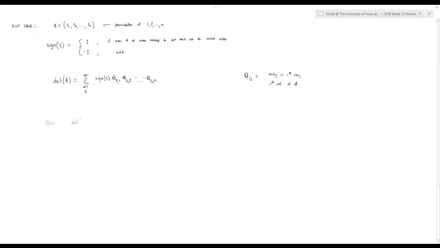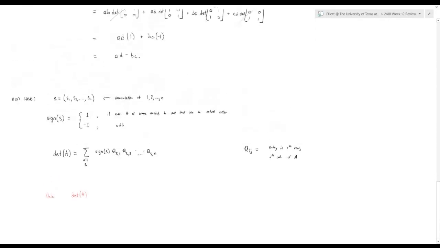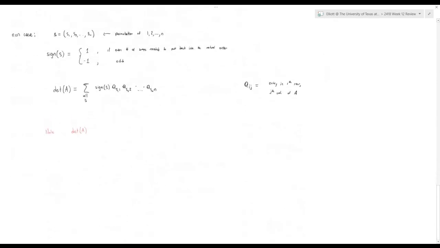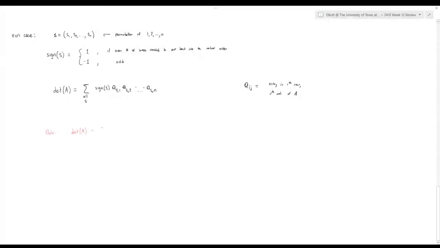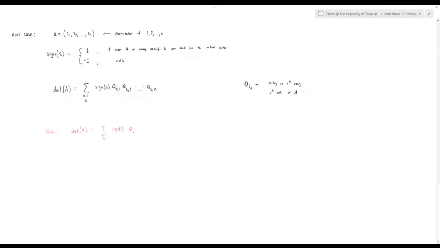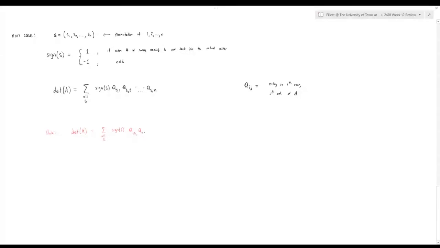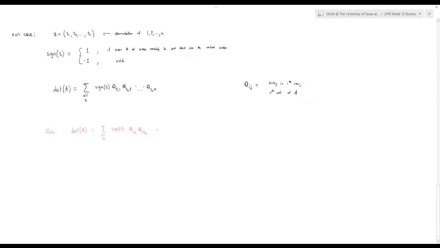Sometimes, depending on how people explain things at the beginning, you'll also see the formula written like this, where the indices have been swapped in all of them.